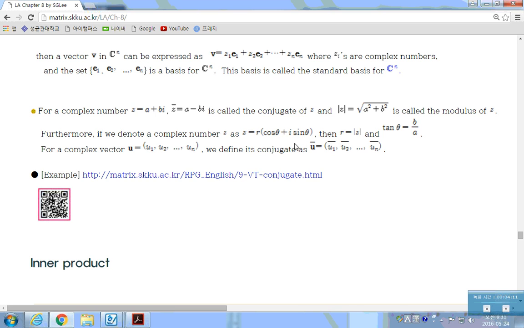So the radius, the length, the modulus of g is r, and tangent theta is b over a. For a complex vector u, we define its conjugate as this.